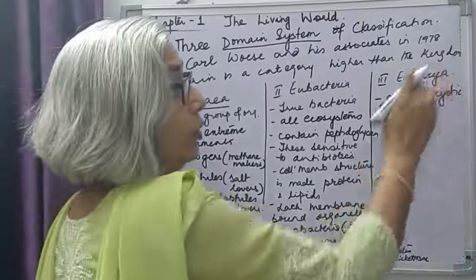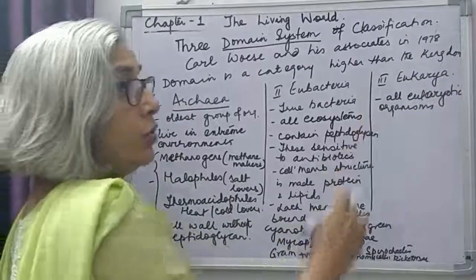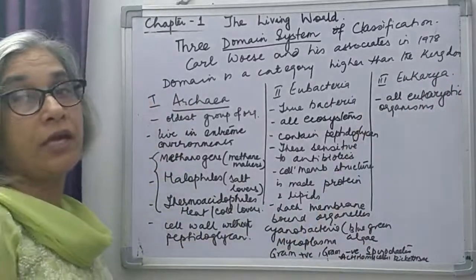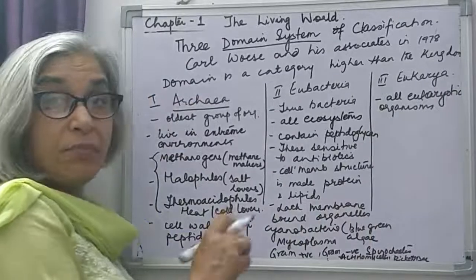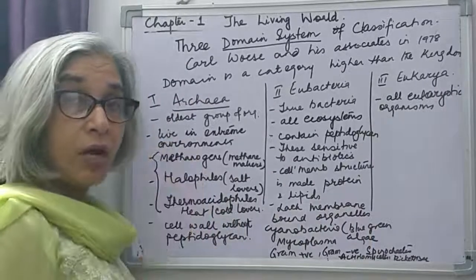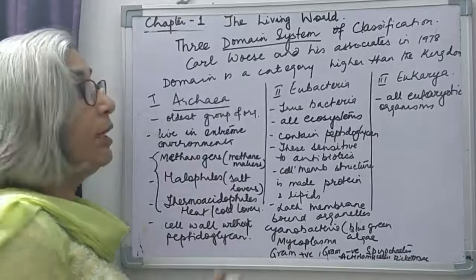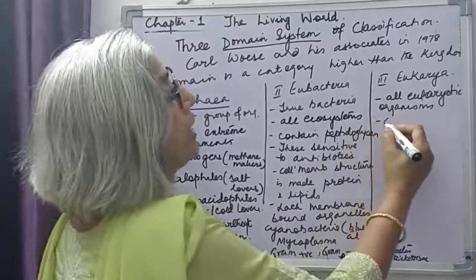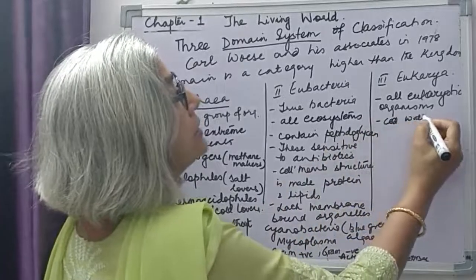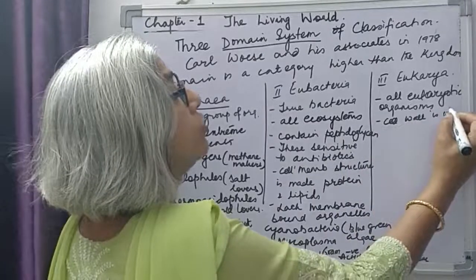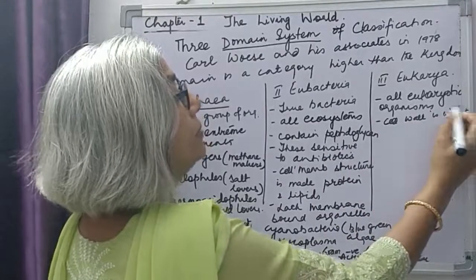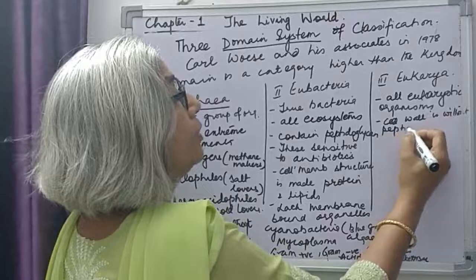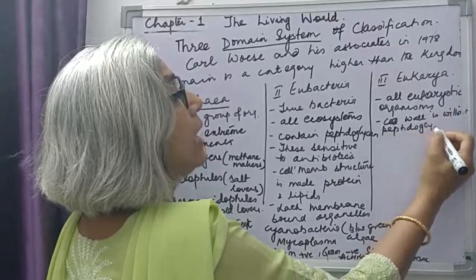Now, eukarya, as I told you, all those organisms that have a true nucleus, that is a membrane bound nucleus. The nucleus is surrounded with a nuclear membrane. Now, the cell wall in these cases is also without peptidoglycan. Now, the animals, they lack a cell wall.